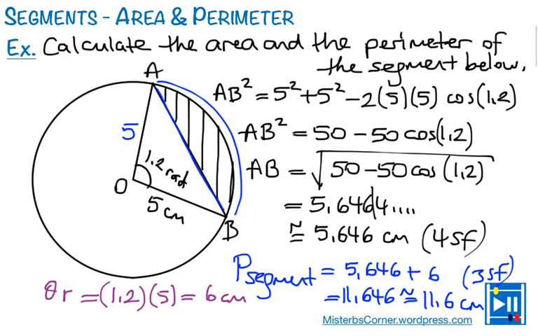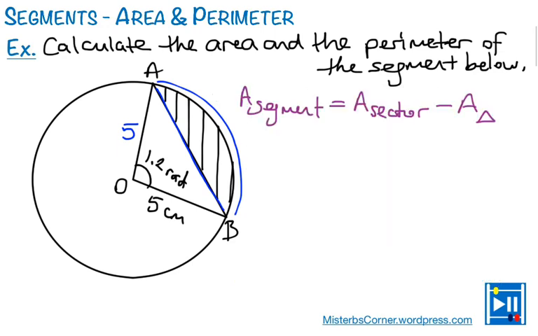Now when it comes to the area, I have to calculate the area of the sector and the area of the triangle, and then I will just find the difference. So for the area of the sector, I will go like 1.2 radians divided by 2 pi multiplied by pi times 5 squared, right?